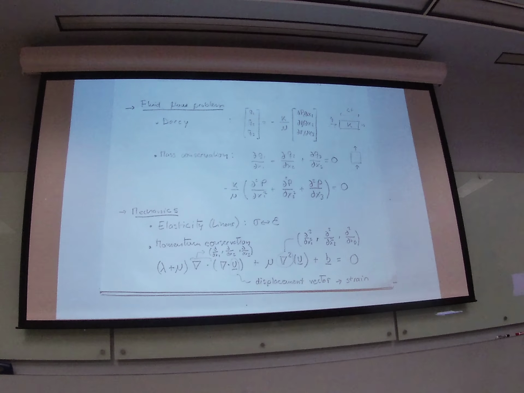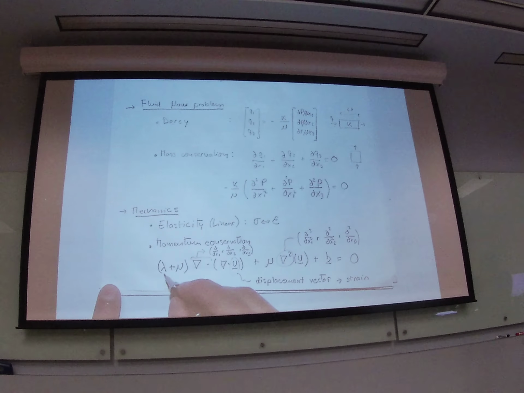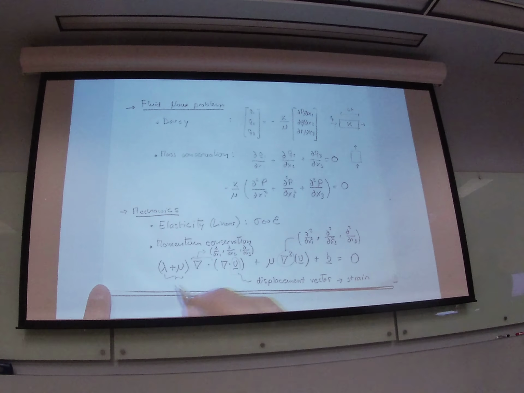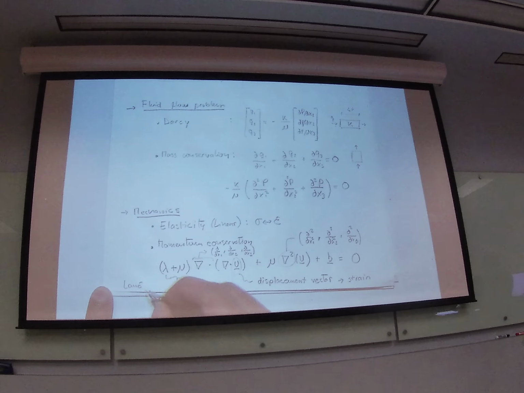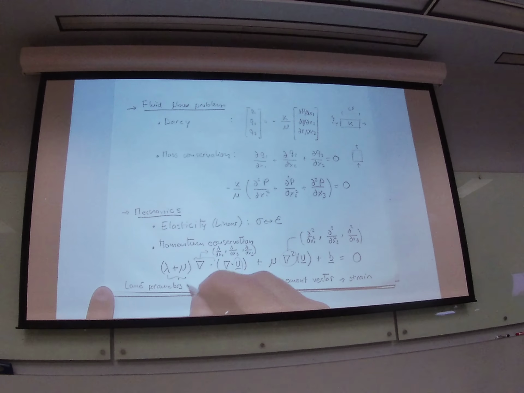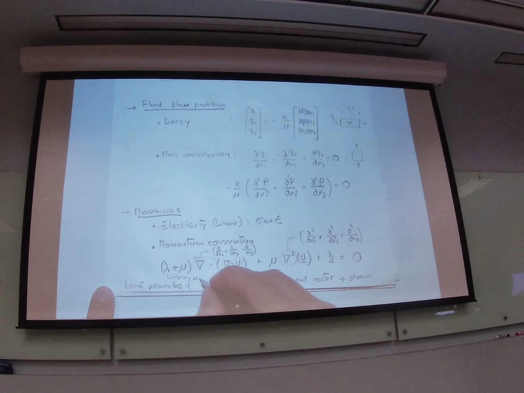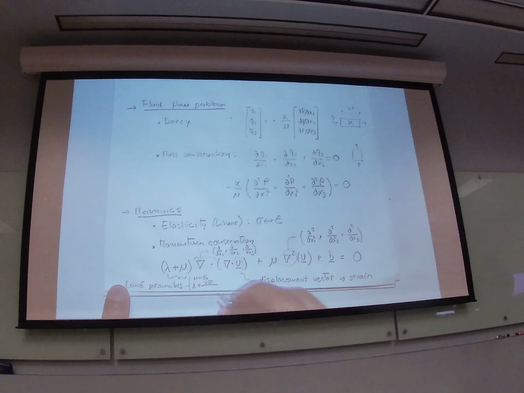One more thing over here that I didn't say what that is. These two guys are just elasticity parameters, which are called the Lamé parameters, in which mu is equal to the shear modulus, and lambda is a function of the Poisson ratio and the Young modulus, and looks like this.